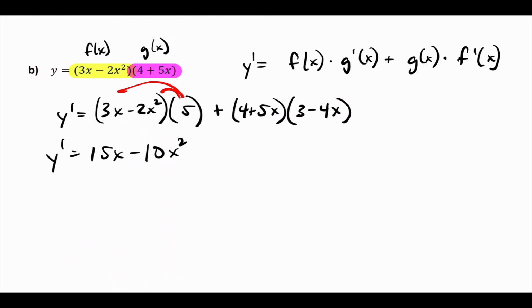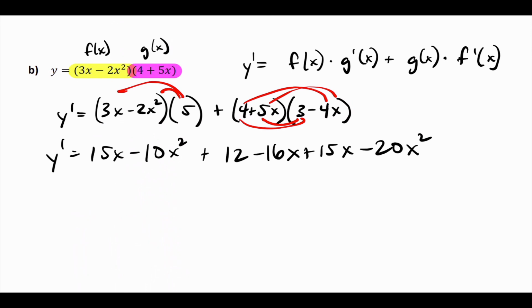This guy I'm going to have to use FOIL. First, 12, outer, negative 16x, inner, positive 15x, last, negative 20x squared. Combine like terms.